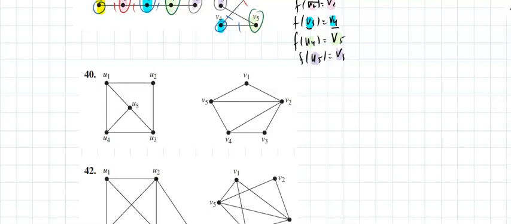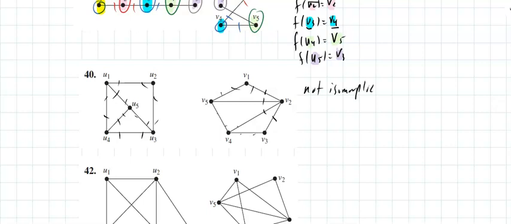Well, notice, look for the 2, 3, 3, 2. Look for the most and the least. 1, 2, 3, 4. This is 2, this is 3, this is 3, this is 3, and this is 3. This is not isomorphic. Why is that?